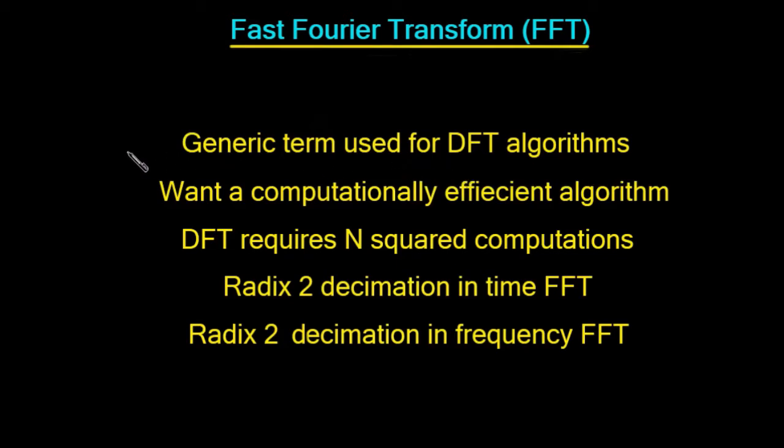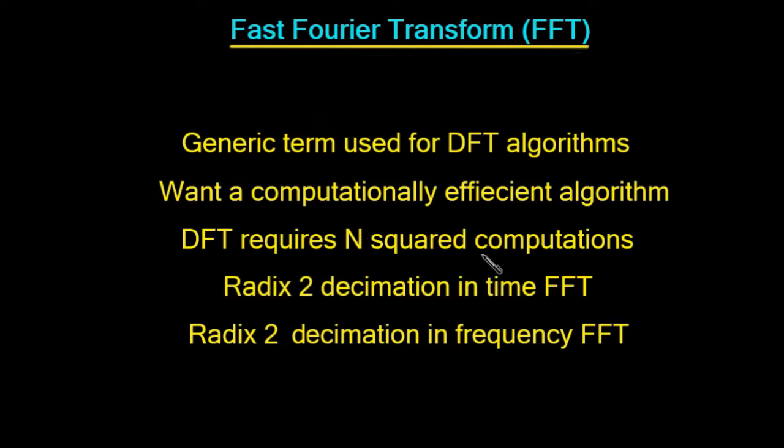So what we really want to do is make a computationally efficient algorithm. Now we've seen when we did the DFT that if we had N samples, then we would have N bins in the frequency domain. We would therefore have to do N squared multiplications.